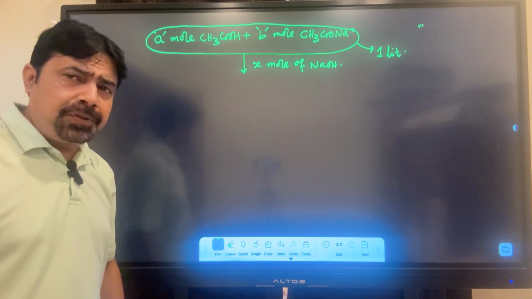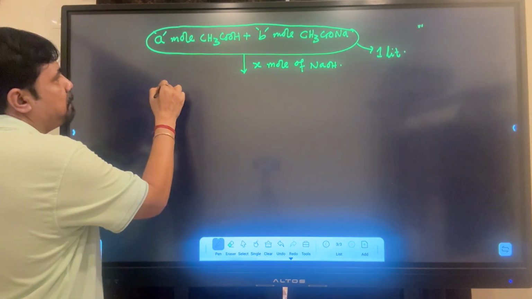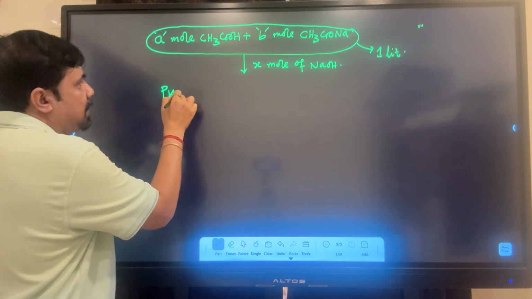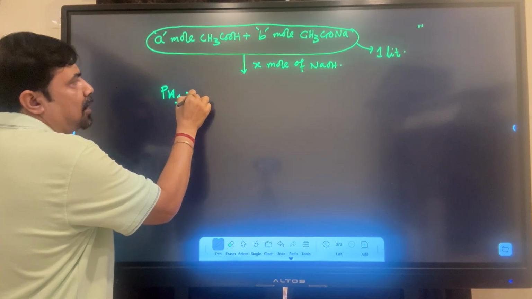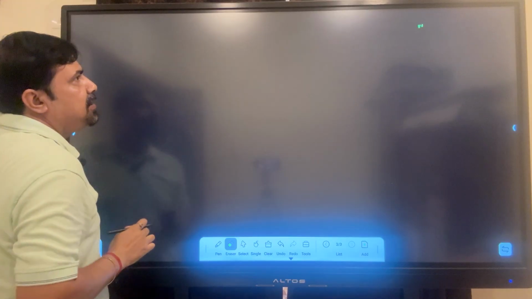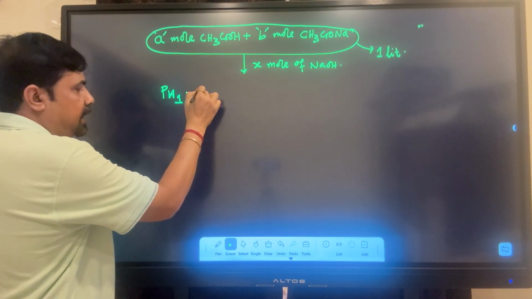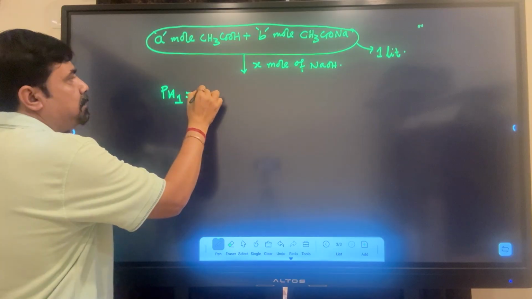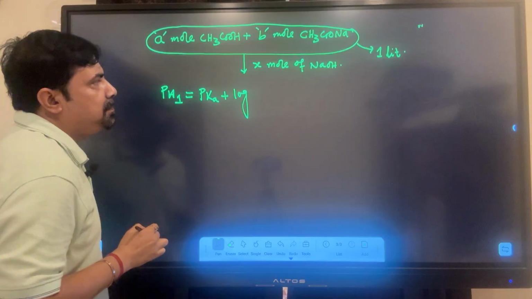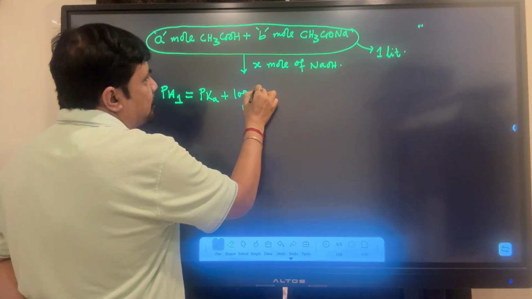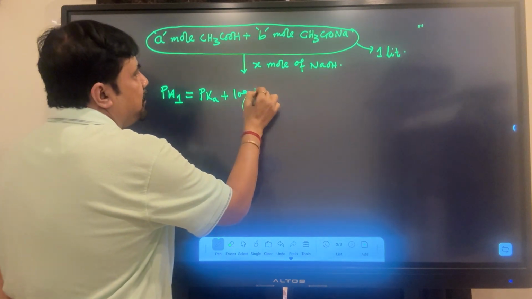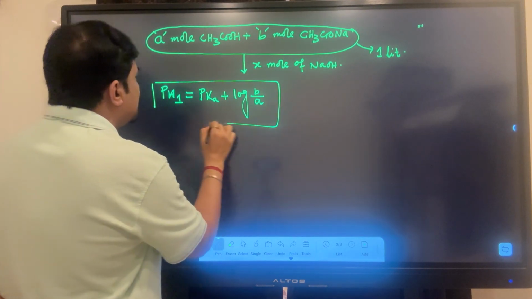In the first case, when we didn't add the NaOH, pH1 will be equal to pK of the acid plus log of concentration of salt by acid. The concentration of salt is b molar and the concentration of acid is a molar, that is b by a. Now this is my equation 1.